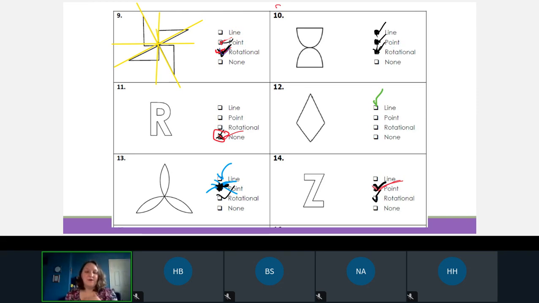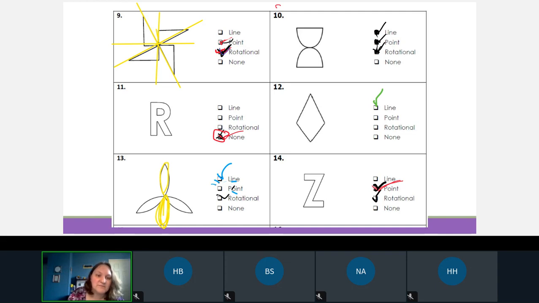All right, and then if you pointed down here, someone even tried to exit out for us. This one down here, number 13. Number 13 does not have point symmetry, and the reason for that is if I were to turn this upside down, you would end up having this part down here. But there's no, I don't know, what do you want to call that, a leaf? There's no actual leaf there for this.